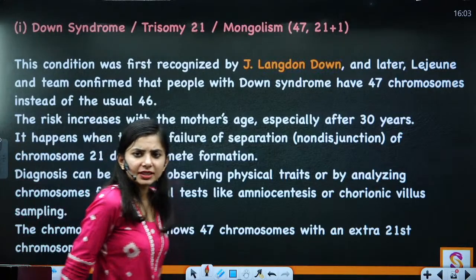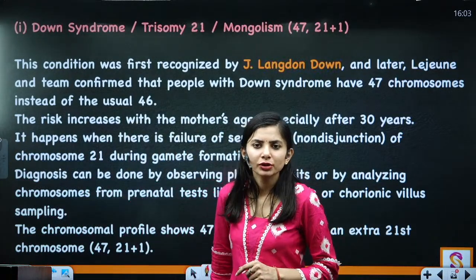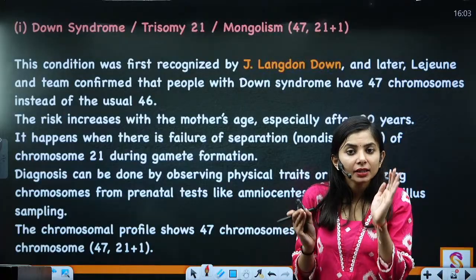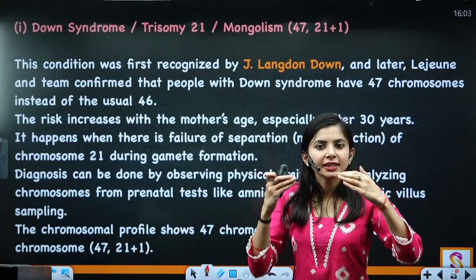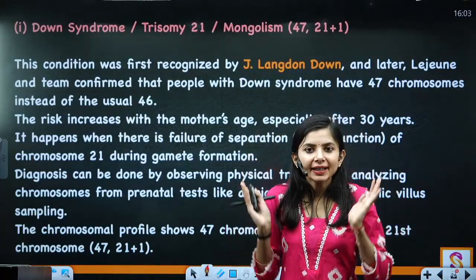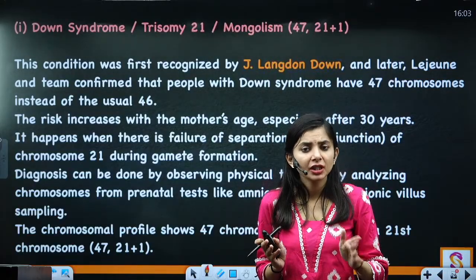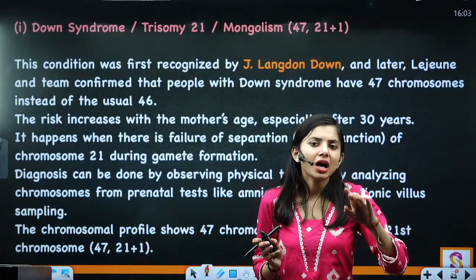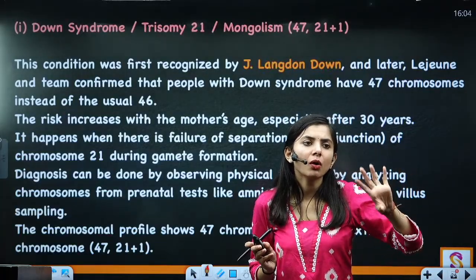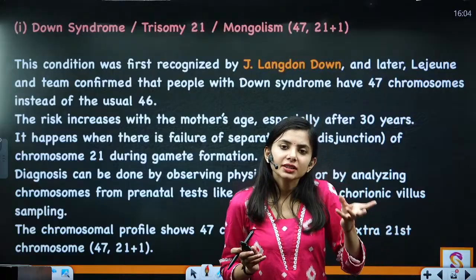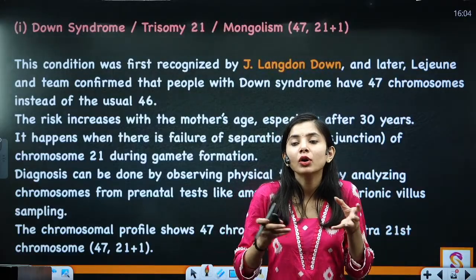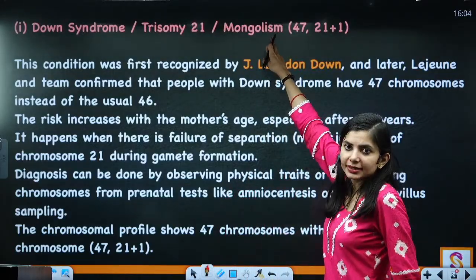When I show you the picture, you can analyze that there is a pattern in bodily structure that is similar to the people of Mongolia. So this is also specified as Mongolism.